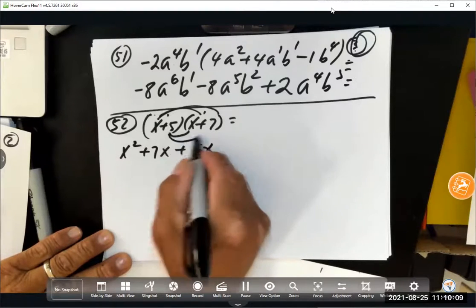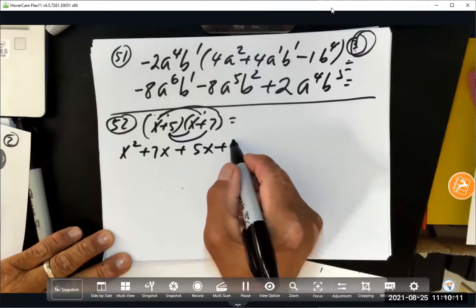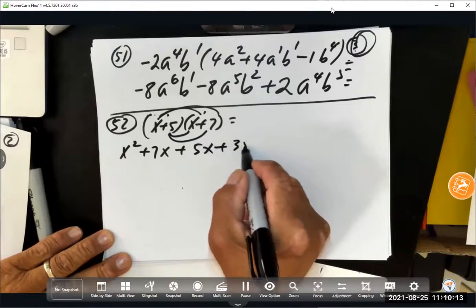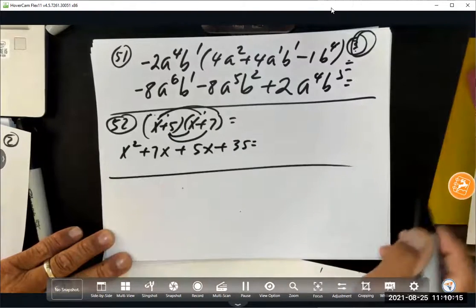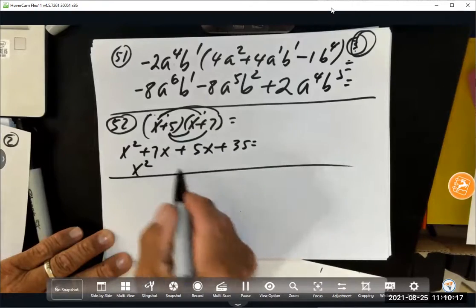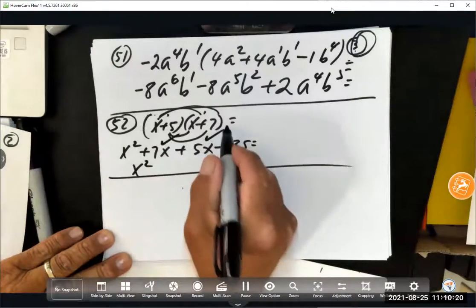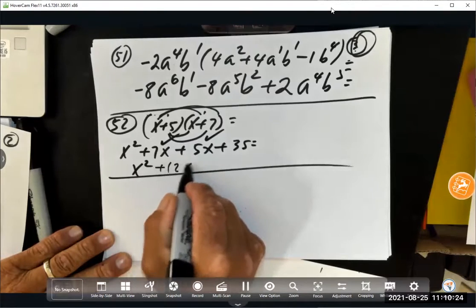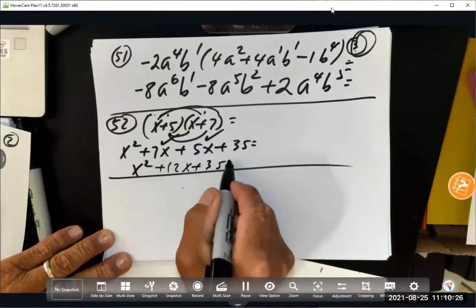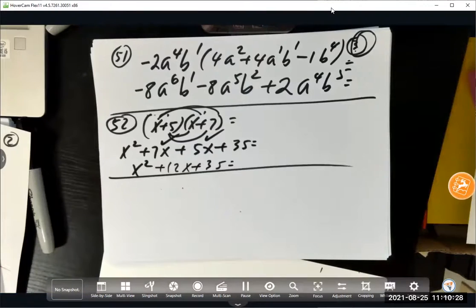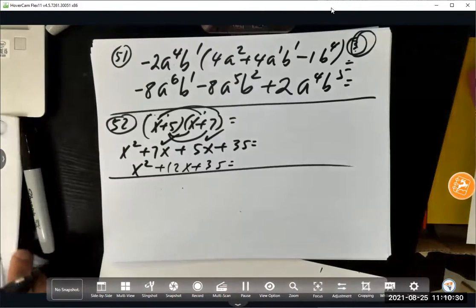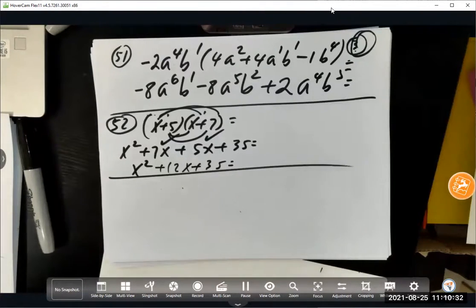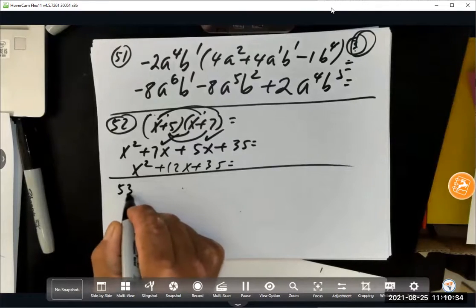And 5 times 7 is 35. Okay, so now we have x squared and 7x and 5x together. How much is that? 12x. There you go. That's 35. All right, that's number 52. Is that okay? Yes. Okay, I'm going to go 53 then.